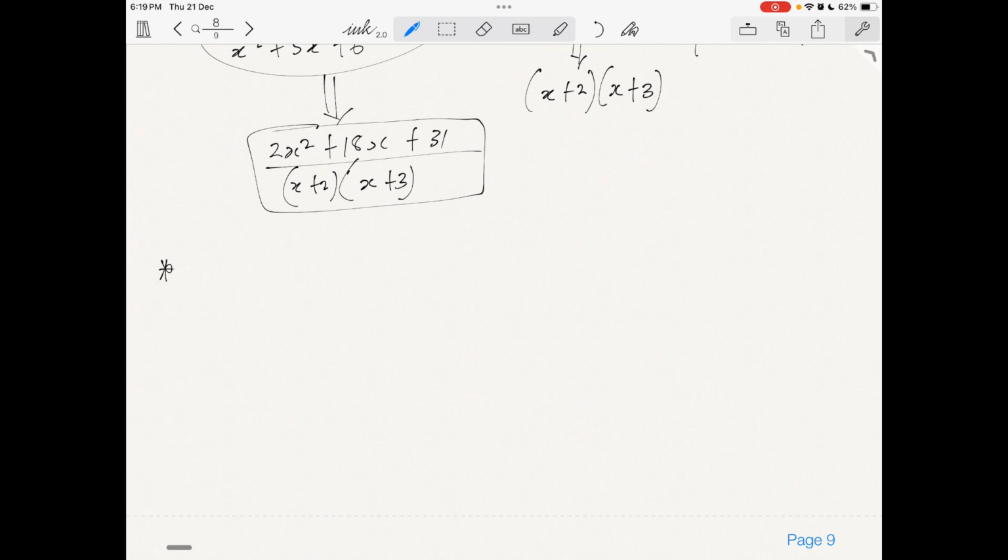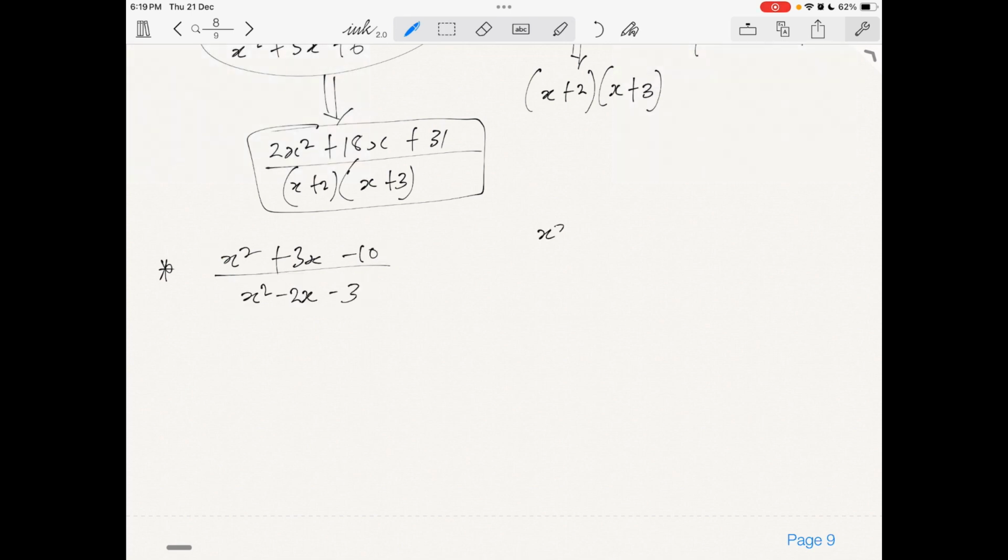Let's say we have x squared plus 3x minus 10 divided by x squared minus 2x minus 3. Now the first question is, is the denominator linear or non-linear? Is it repeating or not repeating? It is non-linear, and it's not repeating. Now, can I make it linear?